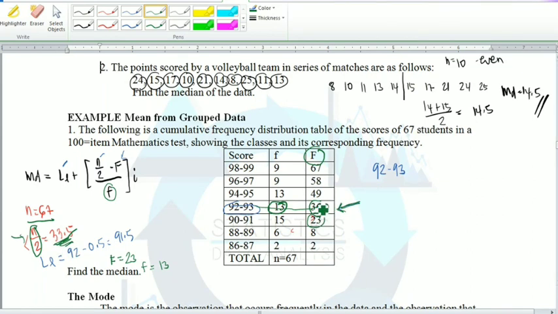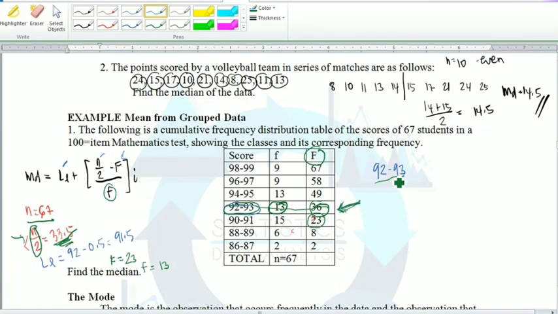Okay? Dito ka titingin sa cumulative frequency. So, kung saan siya nabilong, okay, yan yung magiging middle class natin. And in this case, 92 to 93. So, out of this interval, ang gagawin mo is to determine the lower true limit. At para makuha yung lower true limit, all you have to do is subtract 0.5 from the lower boundary. And in this case, 91.5.